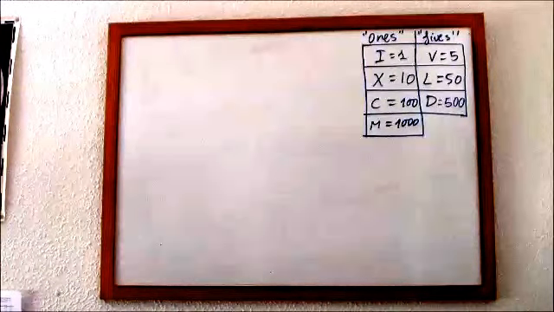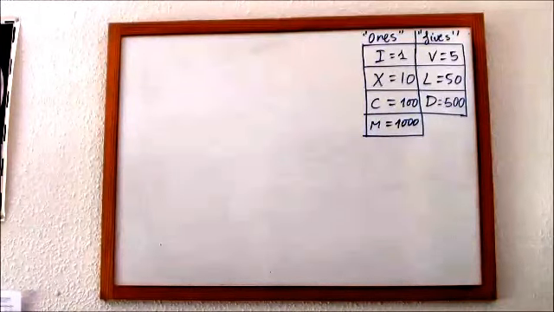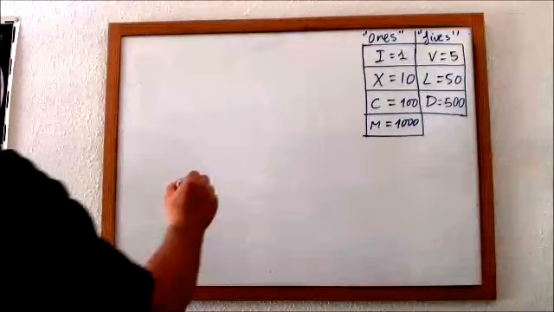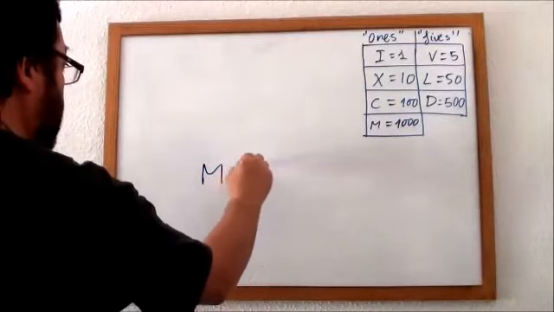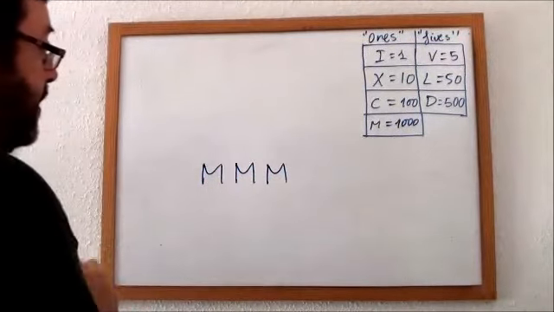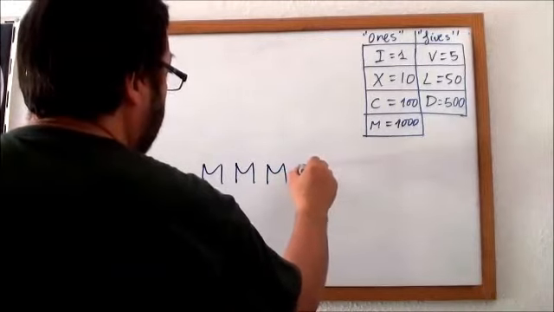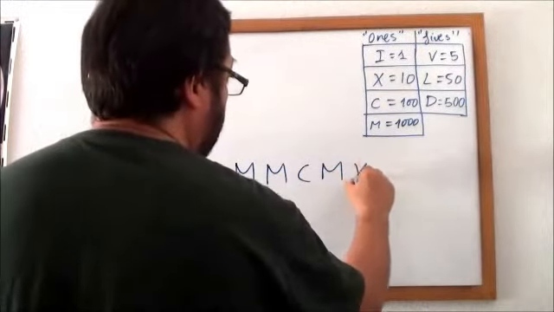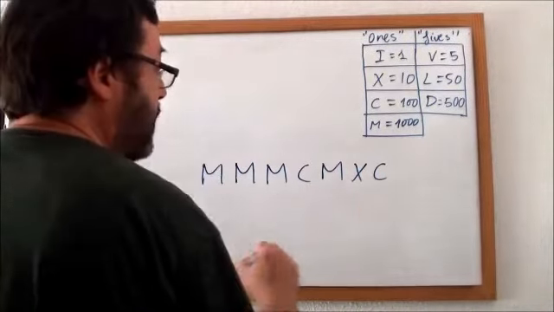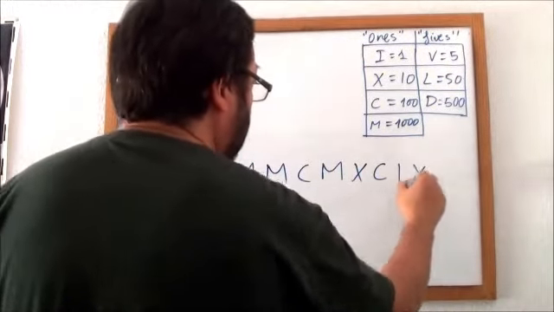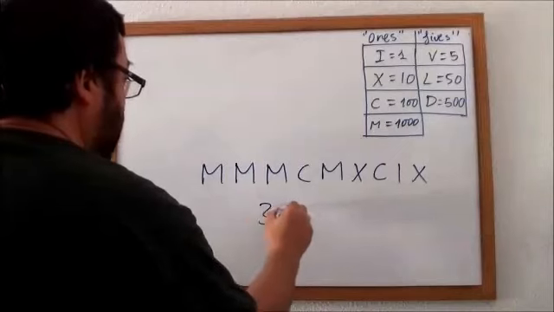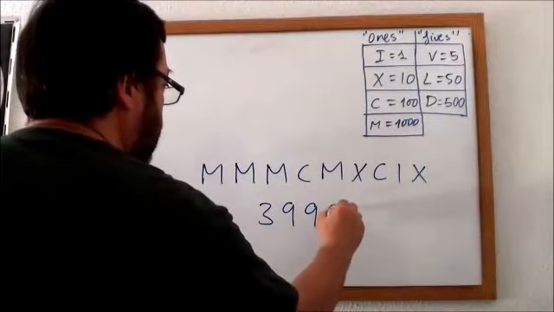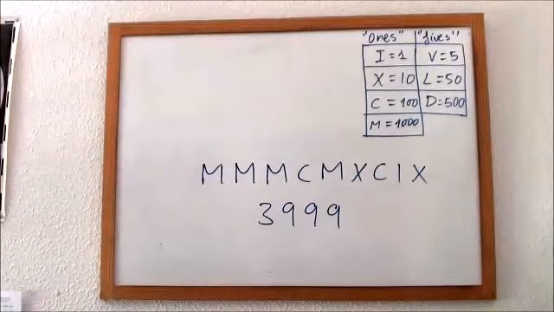If we stick to these two rules, the biggest number we can write is 3,999.